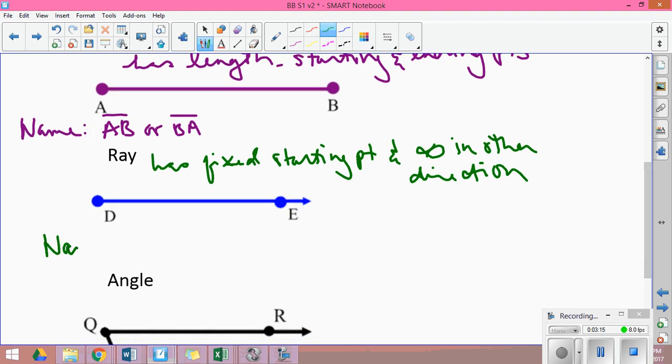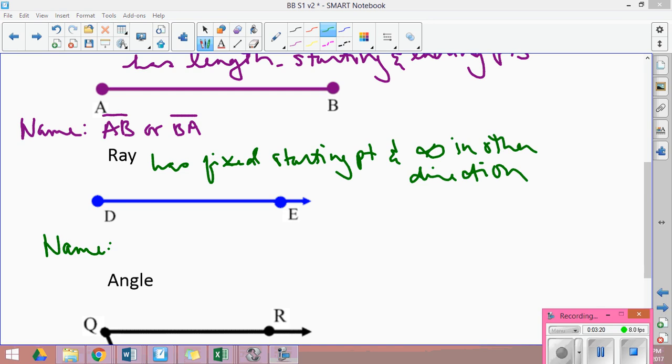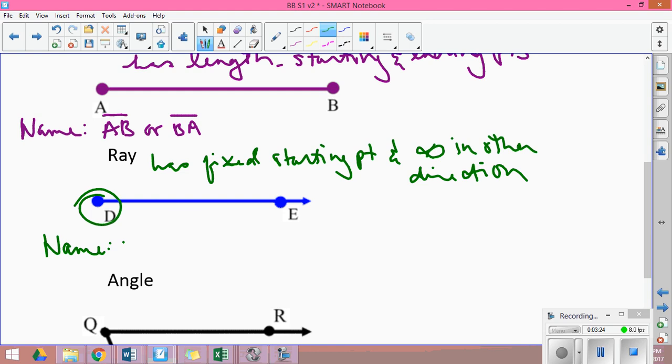So when we go to name it here, you always start with the fixed point and then any point in the direction it goes with the little line. So if there were a point F right here, we could also name that exact same ray DF. So the same fixed starting point and then kind of the directional point. What direction is our ray going?